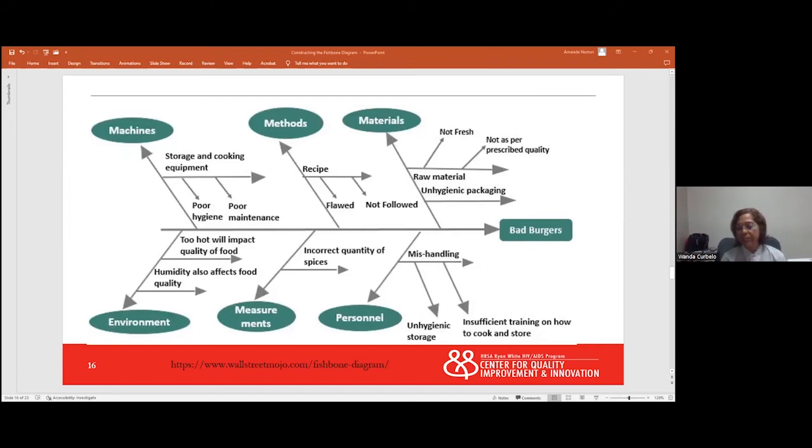Low viral suppression should be in the head of the fish. And then on the other bones of the fish, we start thinking about the main causes for the low viral suppression.